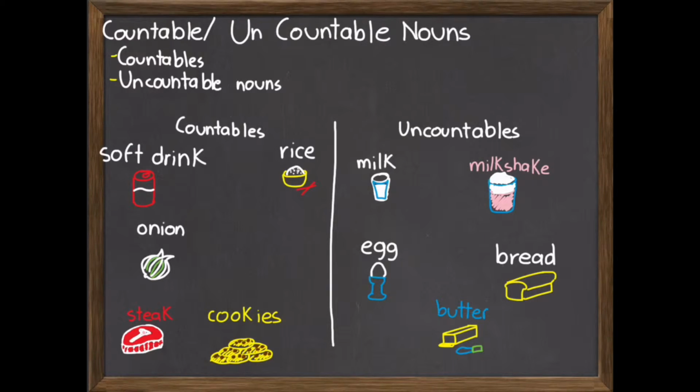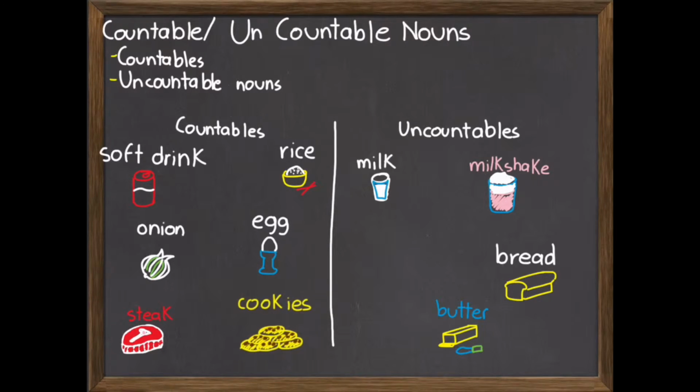One egg, 2 eggs, 3 eggs. Yes, you can. So you put egg with countables. Cookies. How many cookies do you normally eat? You can say the number in this case. So cookies stays in countables.